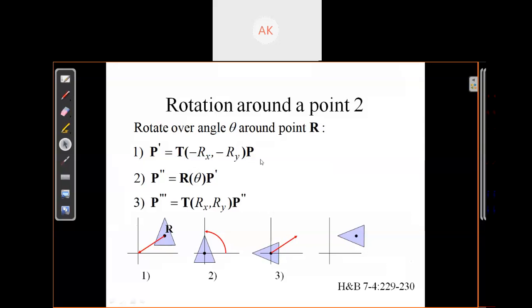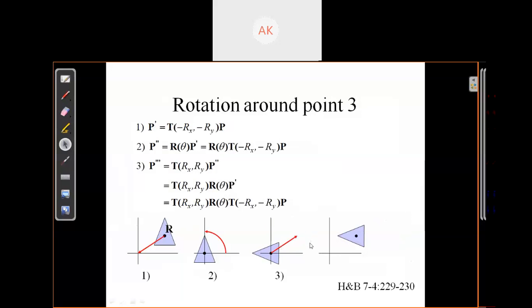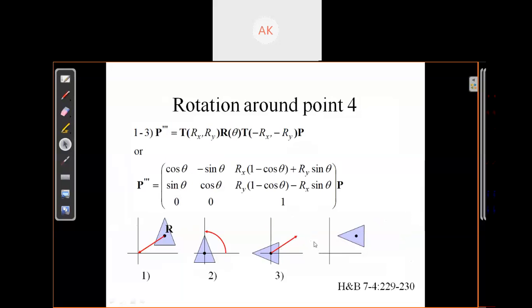First you translate your object so the rotational point is the origin using this equation, then we rotate our object with angle theta, then again translate our object back to the original position. Using this simple way you can perform this rotation.